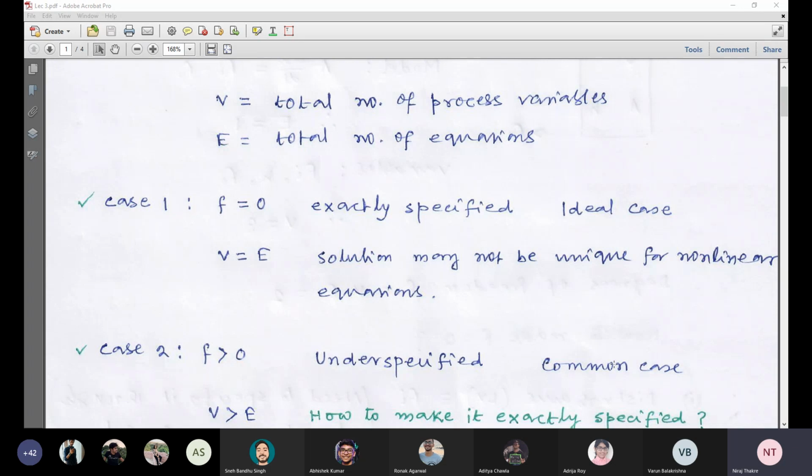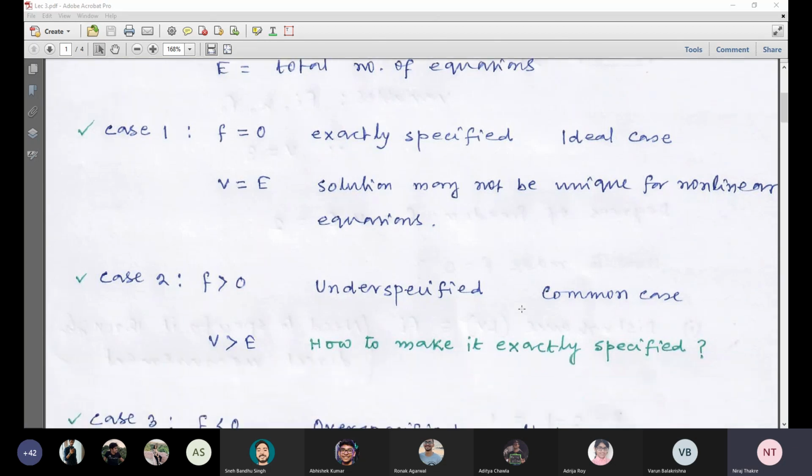Now, you know, at the end of the day, we need to do f equal to 0. Now, question is how you can do that. If f is greater than 0, in this case, we need to transform the system to f equal to 0 or specified system. Now, question is how to make it. We are coming to this point.